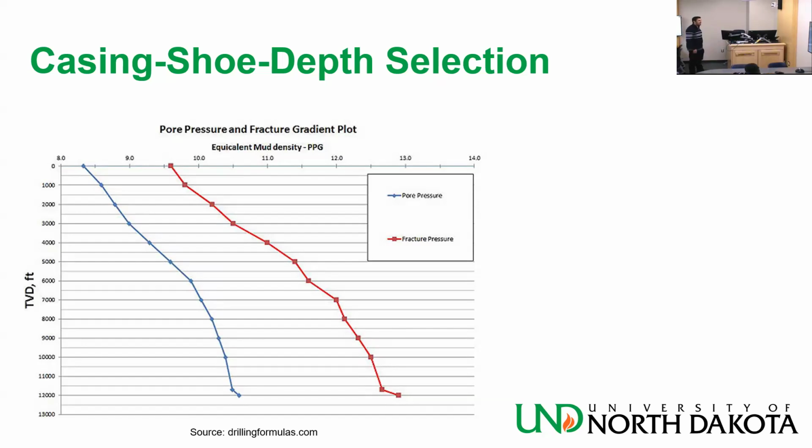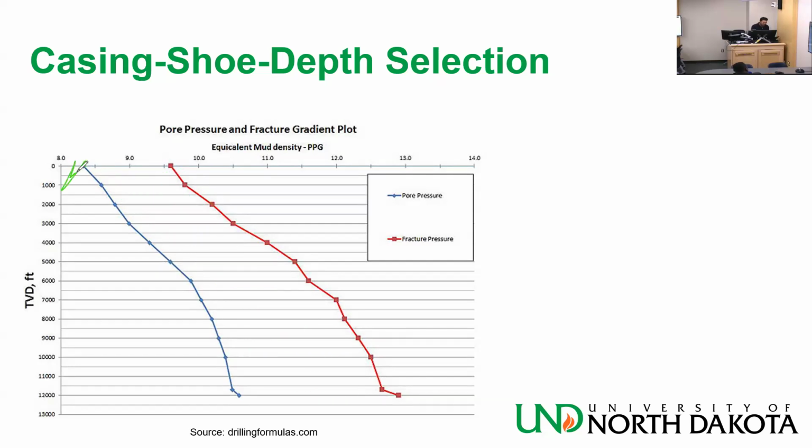You want it to stay above the value of pore pressure, which is indicated by the blue line here. And you want it to stay below the fracture pressure, which is indicated by this line here. Okay, you want your mud weight to be here.